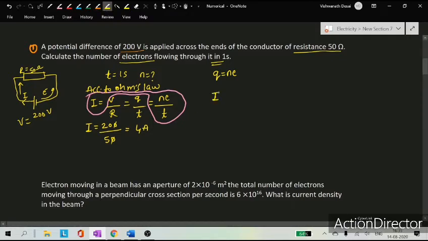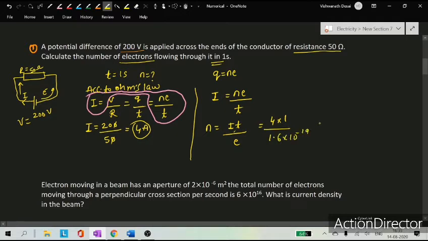So what is the formula for that? I is equal to N E divided by T, right? We need to calculate N. So N is I into T divided by E. The I value we found is 4 amps, and T is 1 second, divided by the charge of an electron, 1.6 into 10 to the power minus 19.